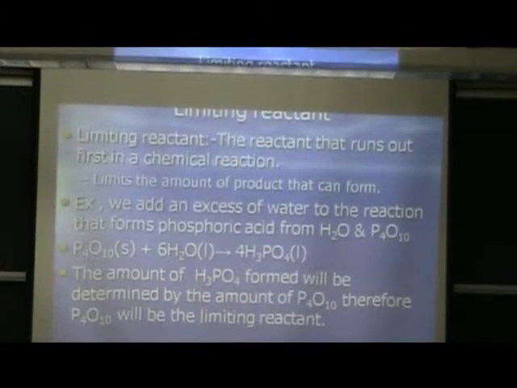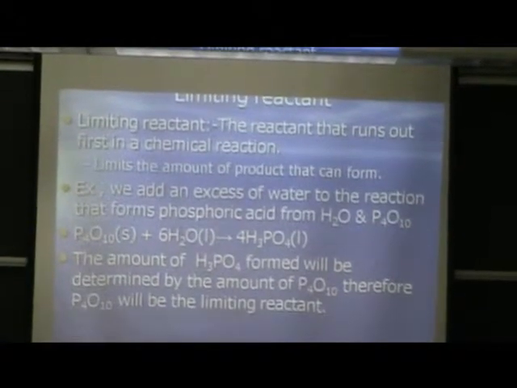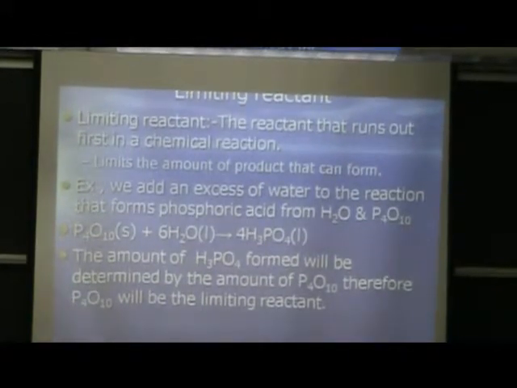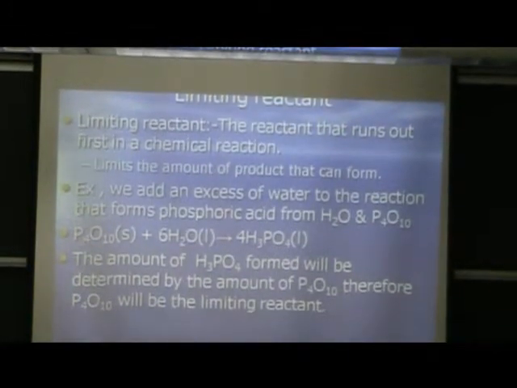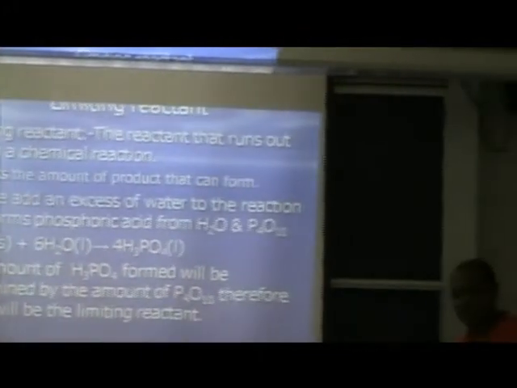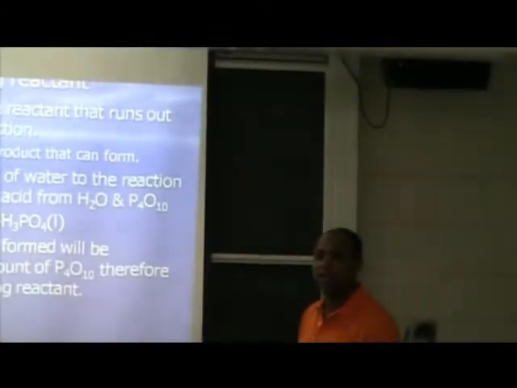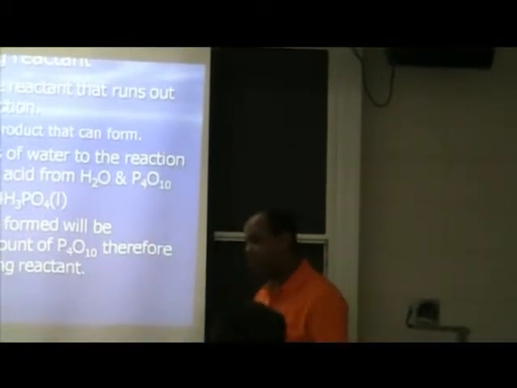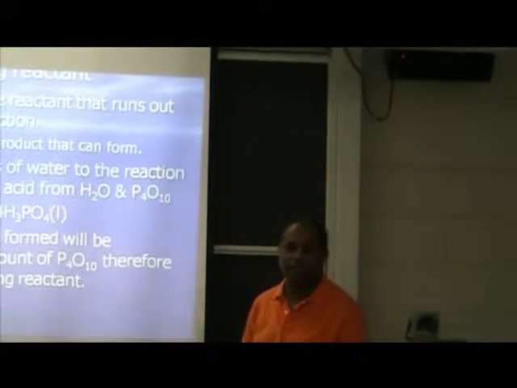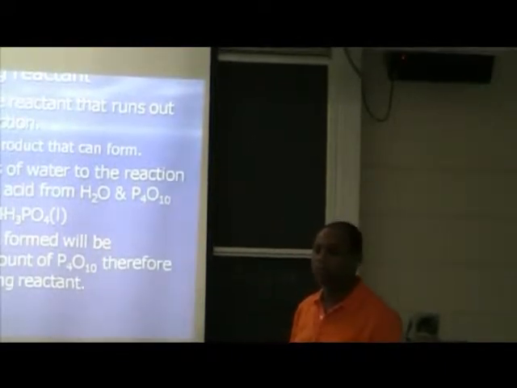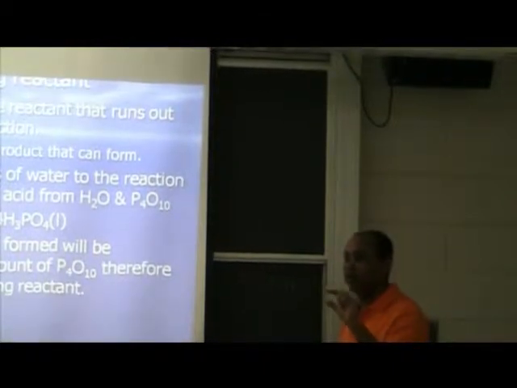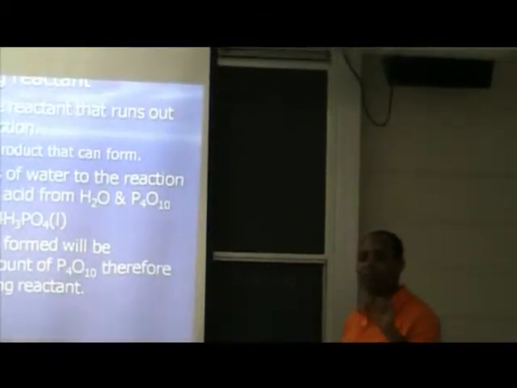So how much product it can form is limited by the limiting reactant, just like the sandwich was limited by bread. Because maybe you may have 10 or 20 slices of cheese, but that doesn't solve the problem, because bread is going to limit. So the only sandwiches you can make is 5.